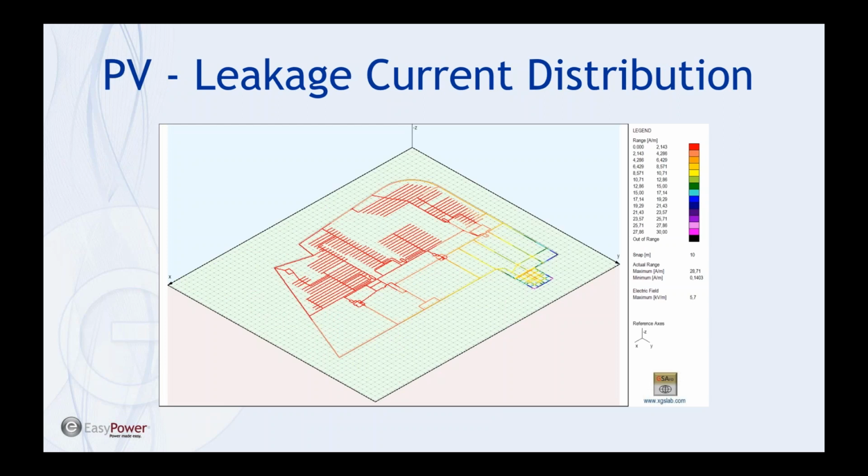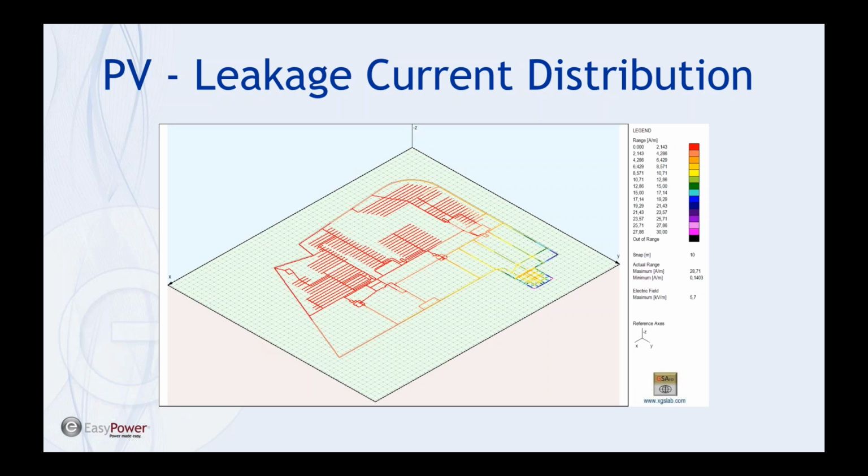You can do some pretty neat things in these grounding software packages. This is an illustration of the leakage current distribution for a fault at the substation. And so you can see that the red is minimal leakage current out to some remote earth. And then as you get closer to the substation, which is now on the right side of the page, where the fault has been placed, you can see that there's a lot more current leaking out of those conductors.